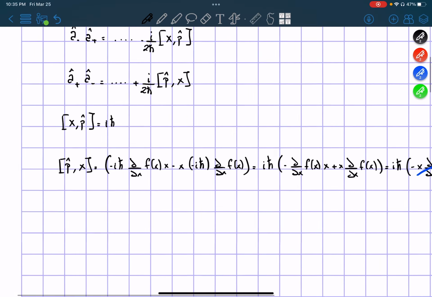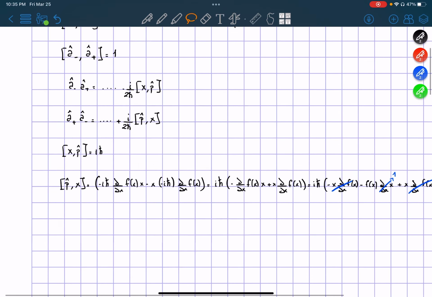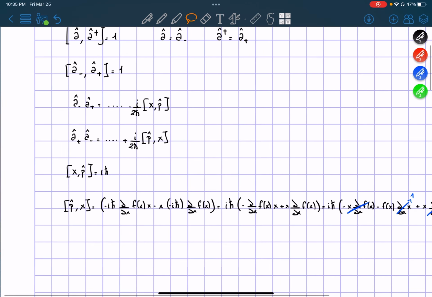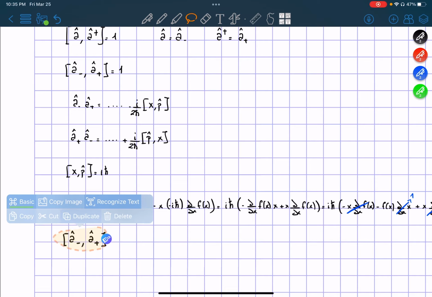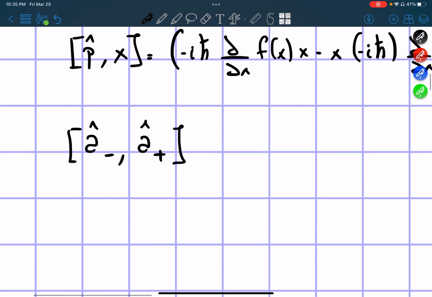So if we use it in our previous formula, this part over here, we copy and paste it on there, then this is equal to our negative operator times our positive operator minus our positive operator times our negative operator.